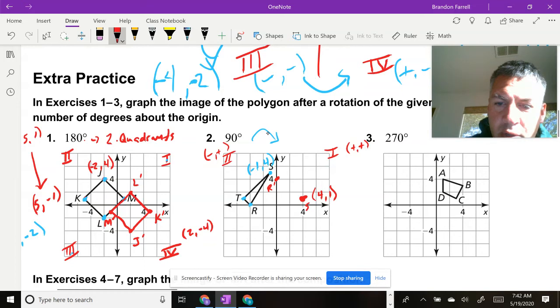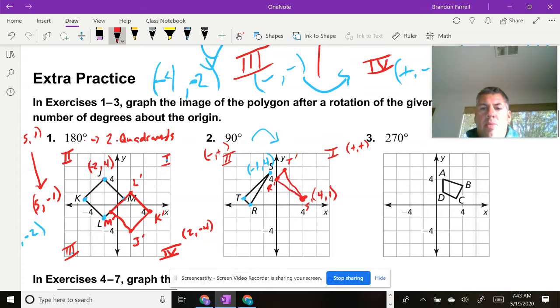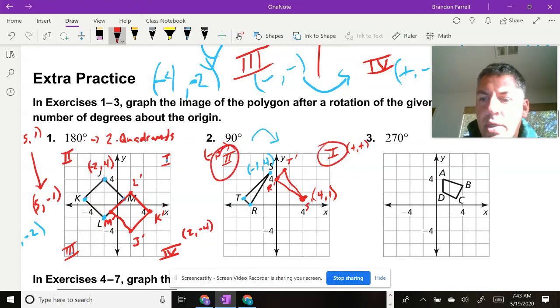This is S prime. T prime is -5, 1, so we're going to do 1, 5, T prime. And you can see my triangle here. So you're switching from quadrant 2 to quadrant 1.